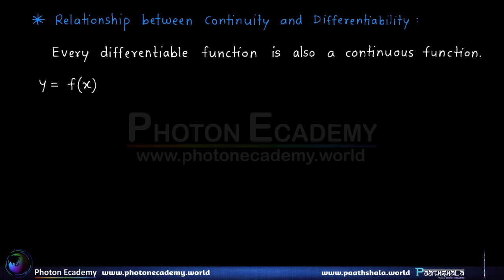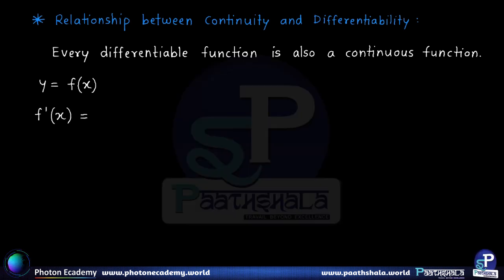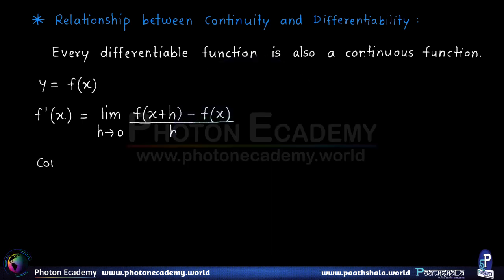And we are aware the derivative is denoted by f dash of x, and it is defined as the limit of f of x plus h minus f of x whole upon h as h tends to 0. So here let us consider some arbitrary point, that is, x equal to c.